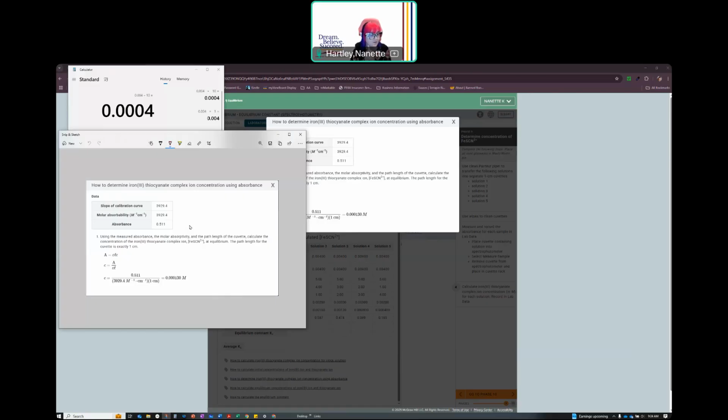The path length for the cuvette is exactly 1 centimeter. So the concentration is going to be equal to the absorbance divided by the molar absorptivity times the path. So I'll take that number that I measured, that absorbance, divided by the slope times 1. And that's how I'm going to do this. So I'm going to write that down.